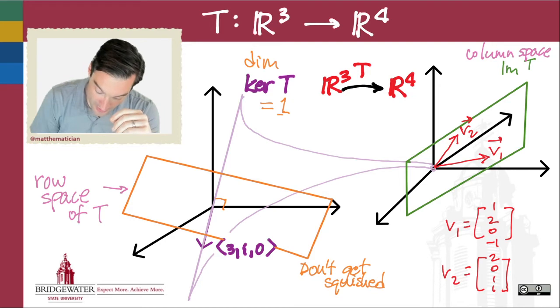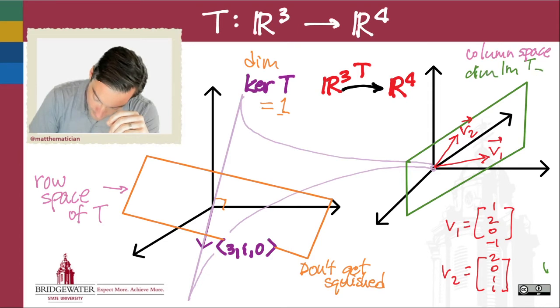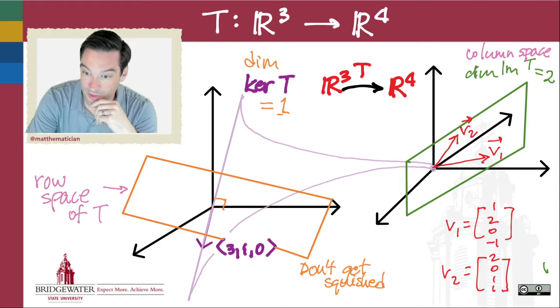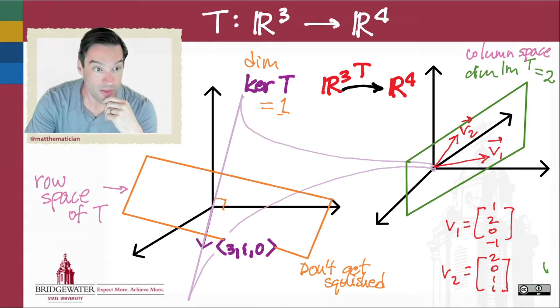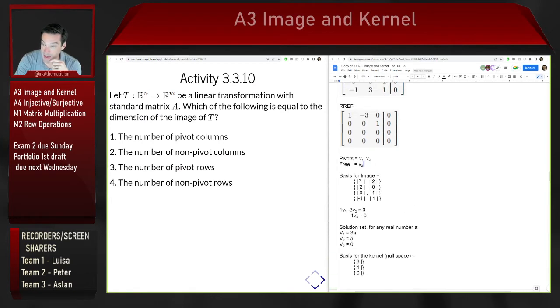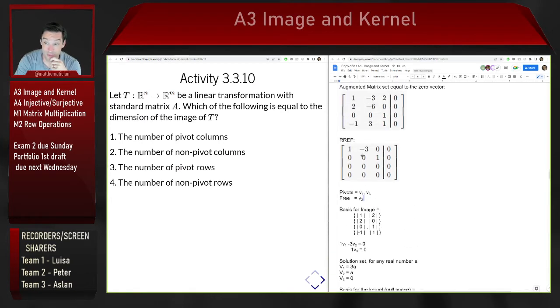What was the dimension of the image in this example? 2. It was 2. And if we think about this the way that our book wants us to think about it, how would we have known what the dimension of the image was? Well, we got the image by taking the pivot columns of my original matrix.